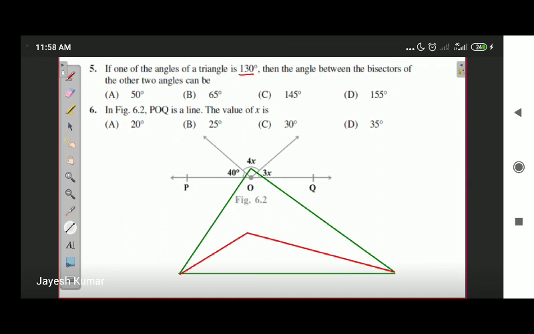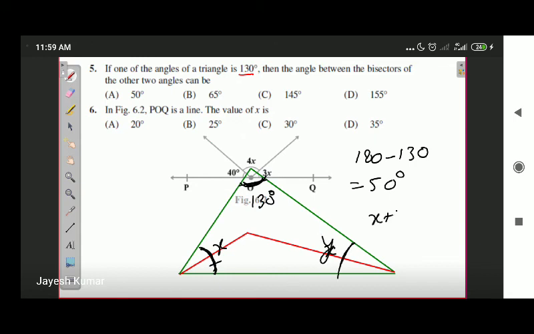Now we are given that the value of this angle is 130 degrees. That means the sum of the other two angles will be 180 minus 130, which is equal to 50 degrees. Suppose this complete angle is x and this complete angle is y. We are given that x plus y is equal to 50 degrees.